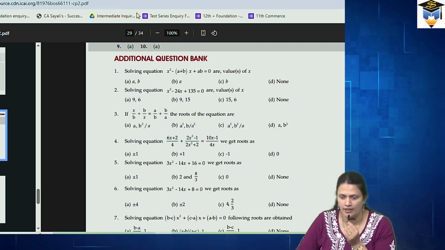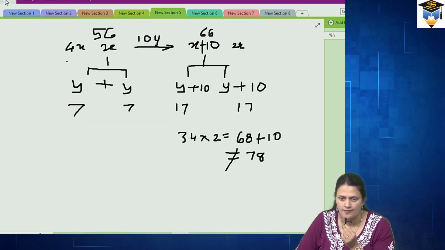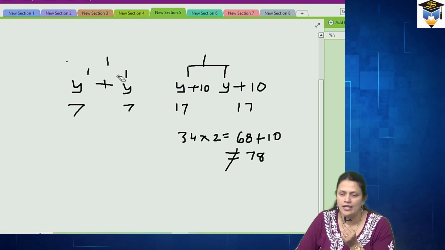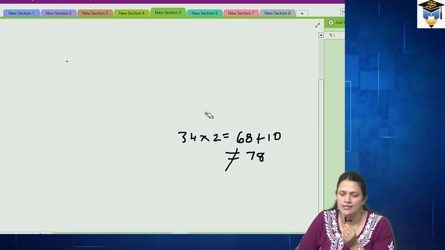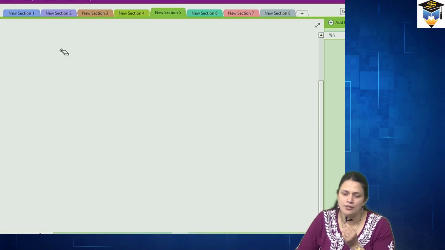We will just solve it. Wait, I'll show it to you on the note. Try to solve it by the method of substitution, and once you substitute, if you get the left hand side equal to the right hand side, then you will get the correct answer.